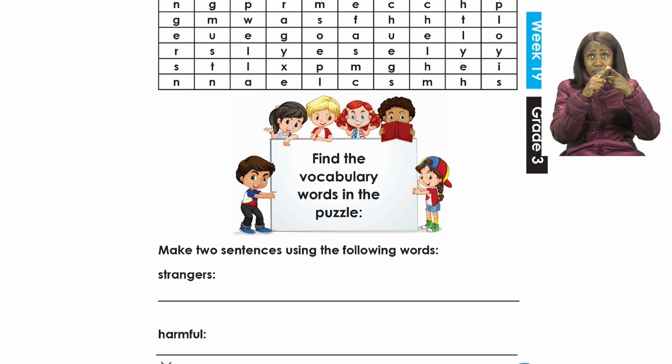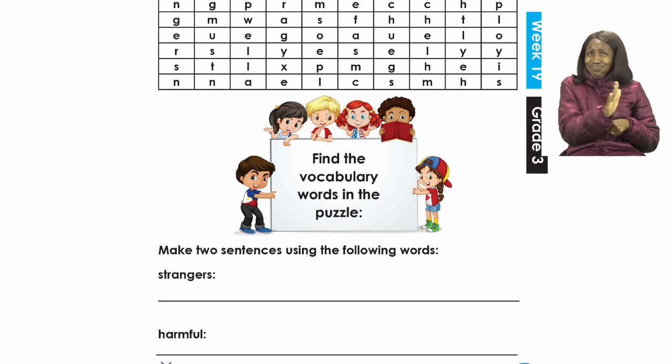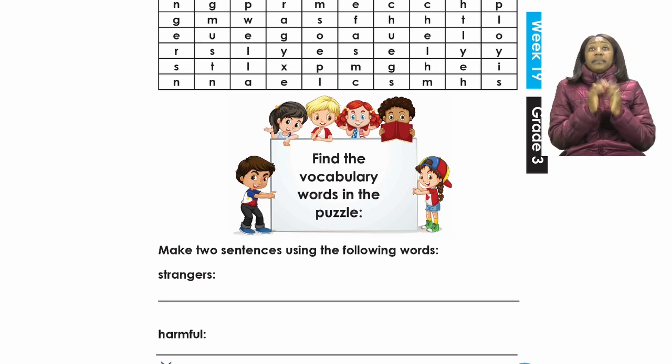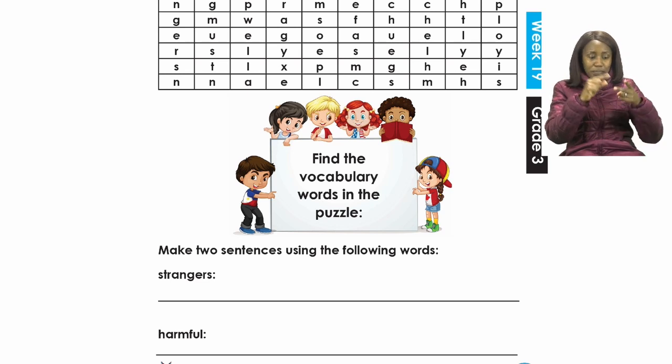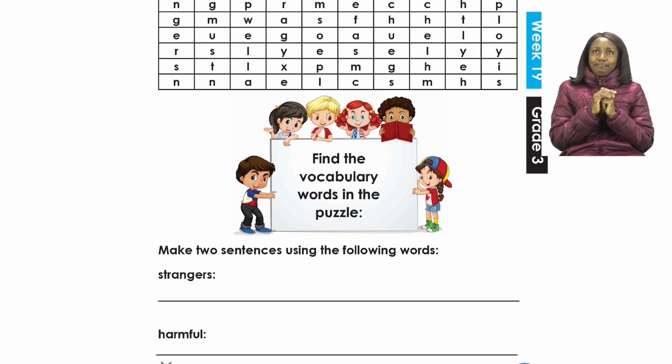So the following 2 words were taken from the words in your vocabulary. The first word is strangers. The second word is harmful. Now you need to use the word strangers to make 1 sentence, and then you need to use the word harmful to make another sentence.